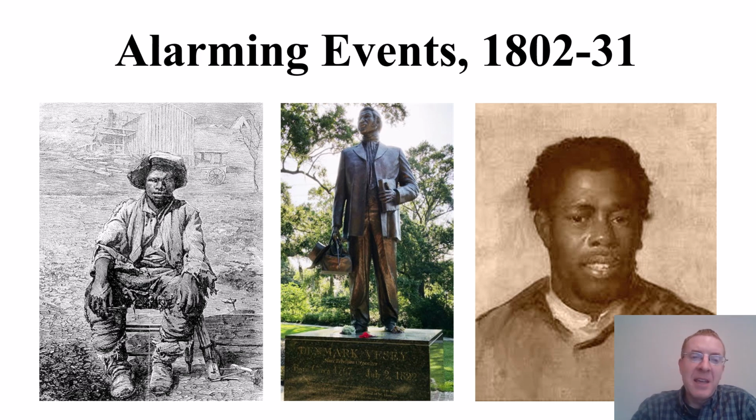Now, again, like Gabriel Prosser's situation, this planned rebellion in 1822 is going to be found out. There's one particular slave named Peter Prioleau, who tells his master about this planned insurrection. His master is Judge Samuel Prioleau.